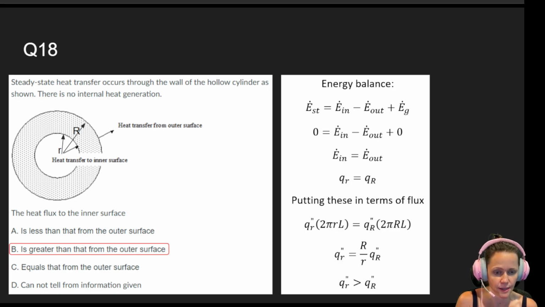I said less. So R over r, yeah. I feel like I said that wrong. Yeah, because q'' at the inner radius is going to be a factor of R over little r bigger than the flux at the outer radius. So yeah.